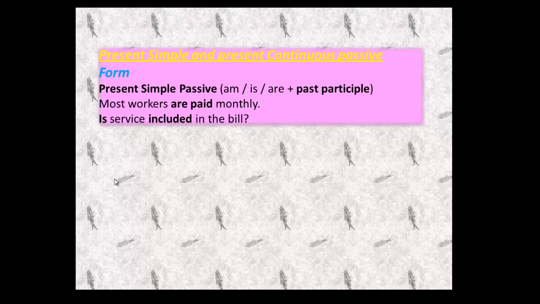So, most workers are paid monthly. Here we put are and past participle, and here the meaning is present simple. Here we talk about something which is usual.